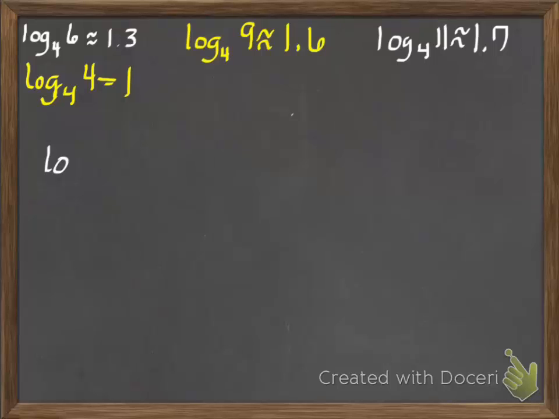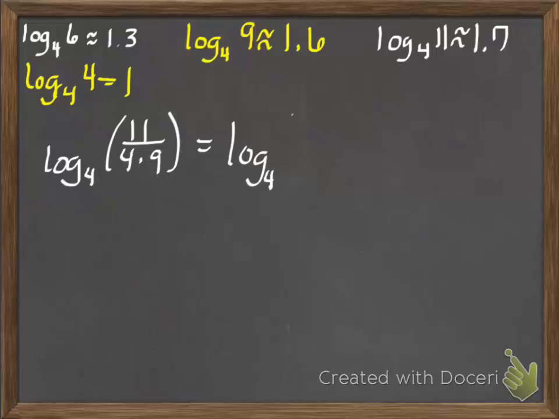So log base 4 of 11 over, we said that 36 was 4 times 9. And so we have, separating this out, log base 4 of 11 minus log base 4 of 4 times 9.